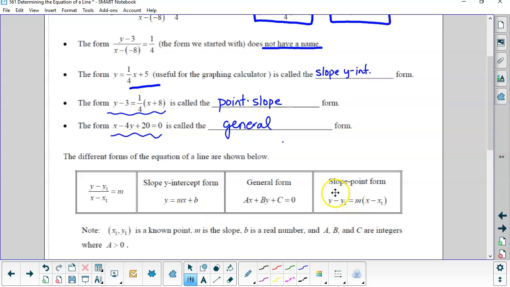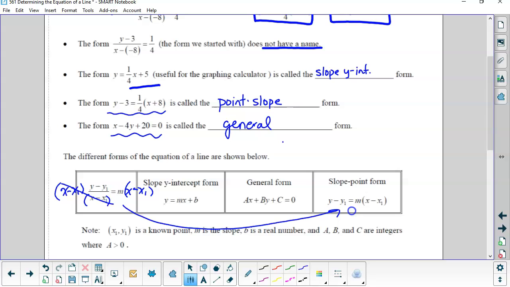And then, as I said, slope point form, sometimes I call it point slope form. Remember, that's just a rearrangement of the slope formula. If I multiply through both sides by x minus x1, those divide out, and I get that form there, okay?